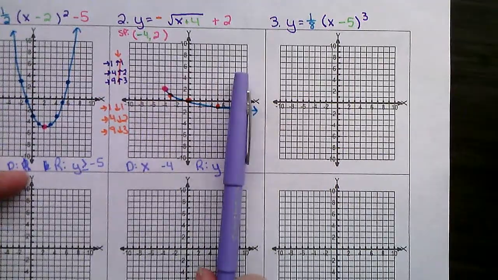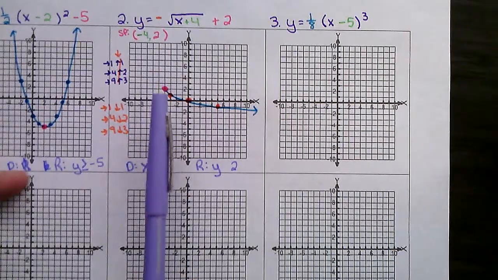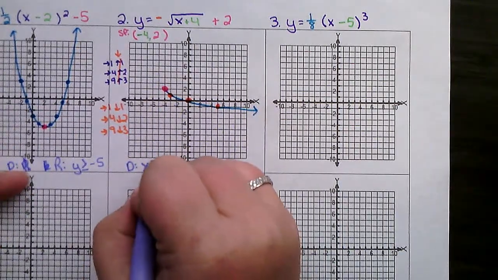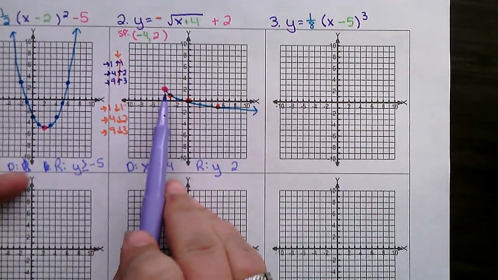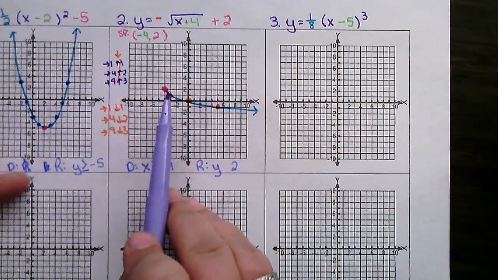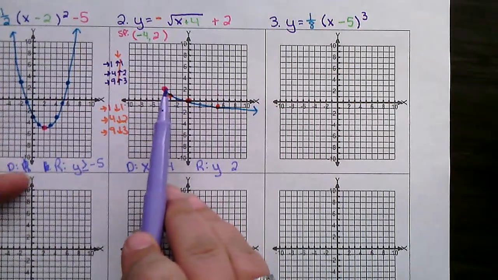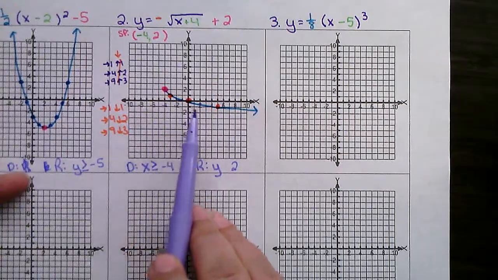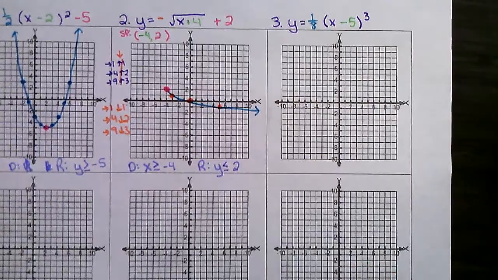Is it above -4, like greater than -4, or is it less than -4? Well, all of the numbers that it touches are bigger than -4, so I'm going to say greater than or equal to -4. Now the y, we're used to it also saying greater than or equal to, but in this case, see how it goes down below? 2 is where we're starting, and we're asking, is this graph above 2 or below 2? Well, since it's going down because of that reflection, it's going to be less than or equal to 2.